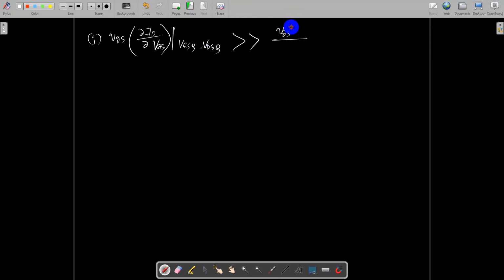Your small signal VGS square by 2 factorial, dou square ID dou VGS square at VGSQ, VDSQ. Okay, nice. So now we have to compare these two things. So now we have VGS dou ID over dou VGS at VGSQ, VDSQ.